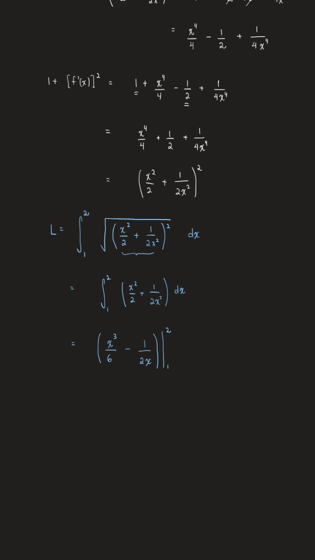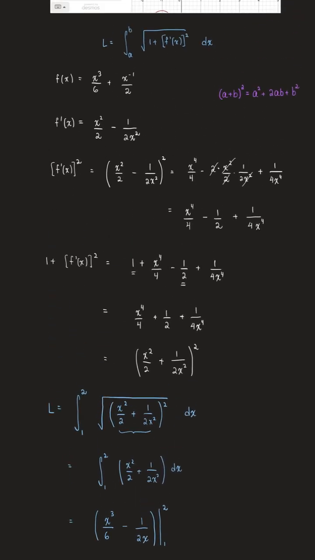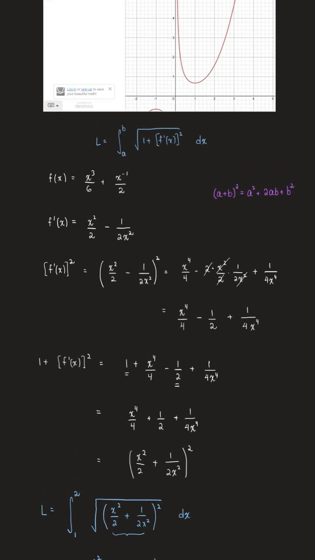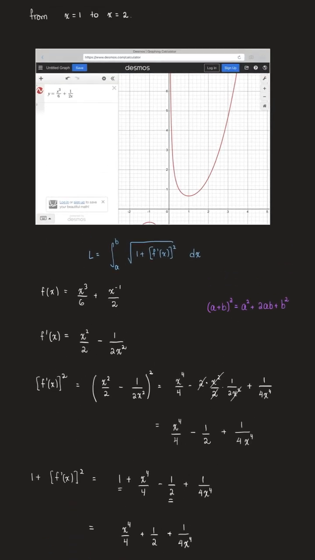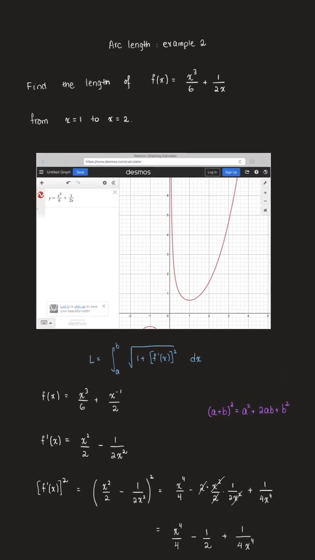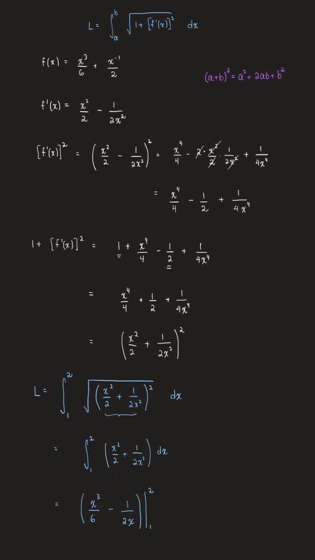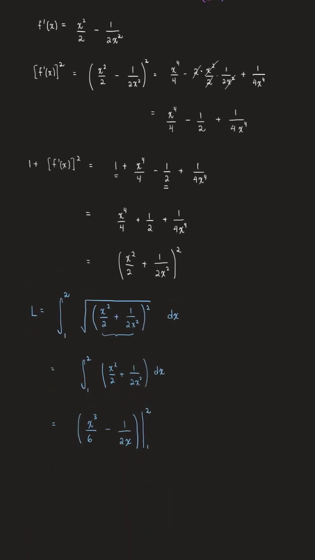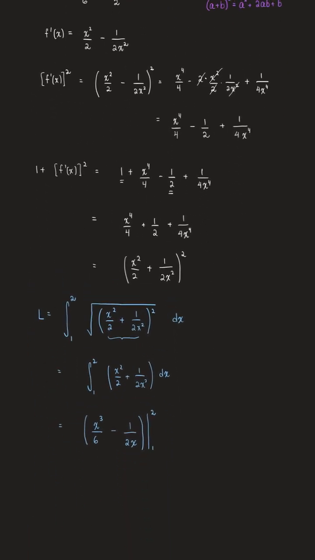Now we should notice that what we've ended up with is very similar to the original function that we started with. And that should make some sense, right? Notice that the original function has a plus instead of a minus. And that should make some sense because of the formula for arc length. Remember what we did, right?